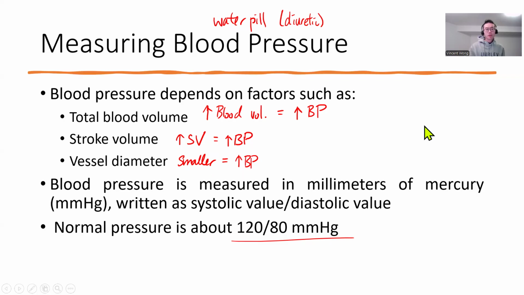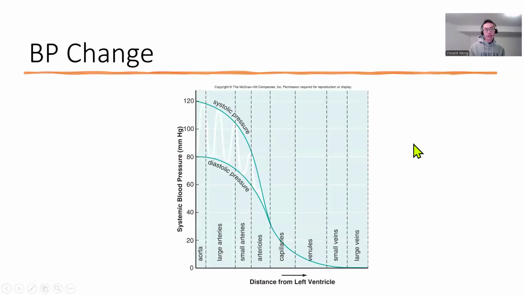All right, I'm going to show you a few graphs, and they are quite important to remember. This graph is for blood pressure change. On the y-axis, it's the blood pressure, measured in mmHg, and on the x-axis, it is different blood vessels, at the distance from the ventricles, from the left ventricle specifically.